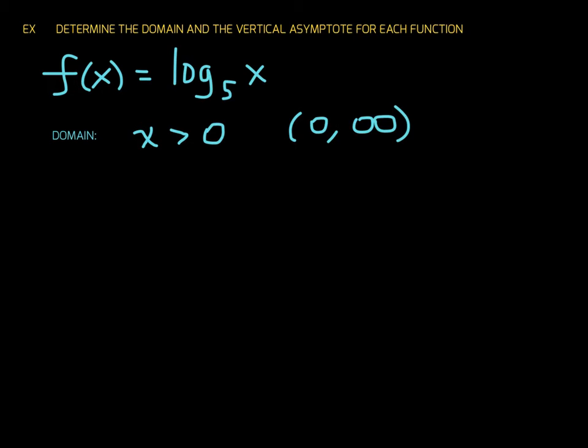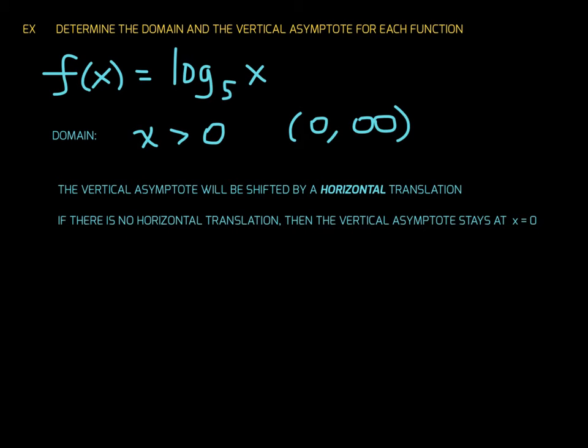Now, as far as the vertical asymptote is concerned, the vertical asymptote will only be changed or moved by a horizontal translation. That is to say, if there is no horizontal translation, then the vertical asymptote stays as it always is at x equal to 0, which is the y-axis.